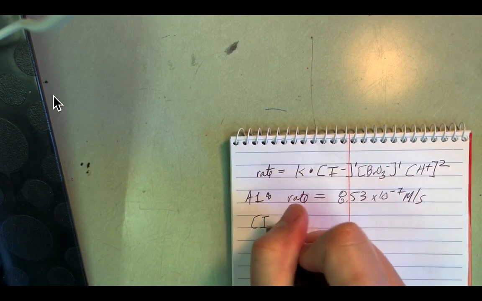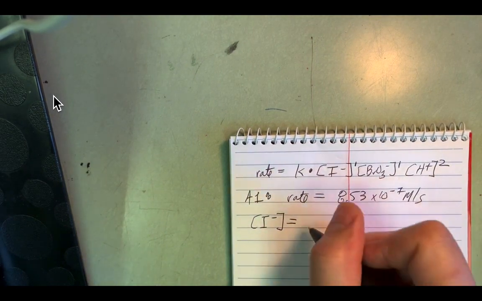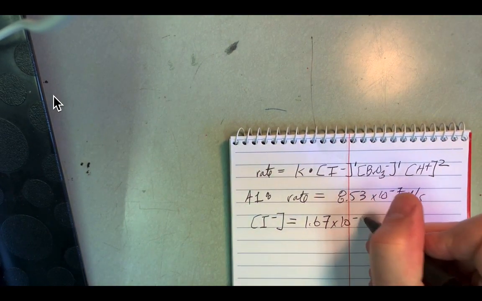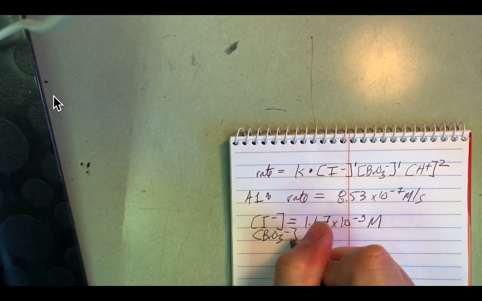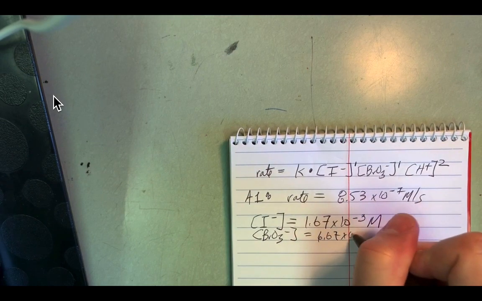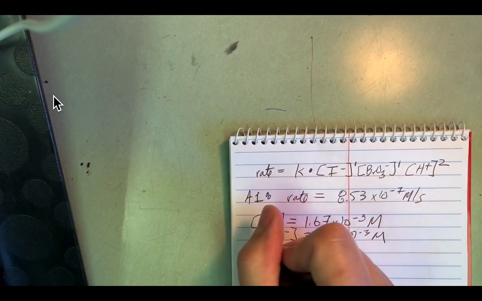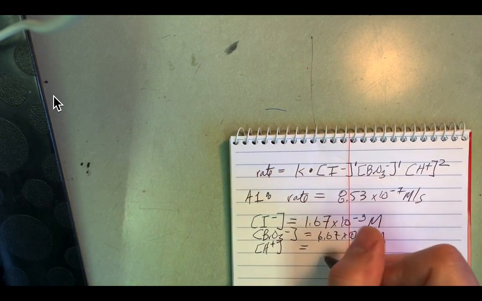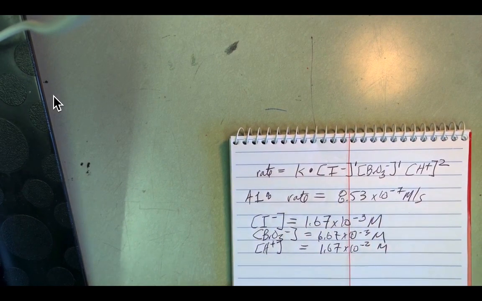My concentration of I from that first one was equal to 1.67 times 10 to the minus 3 molar, just pulling this from my table. BrO3 minus concentration is 6.67 times 10 to the minus 3 molar. And my concentration of H plus is 1.67 times 10 to the minus 2 molar.